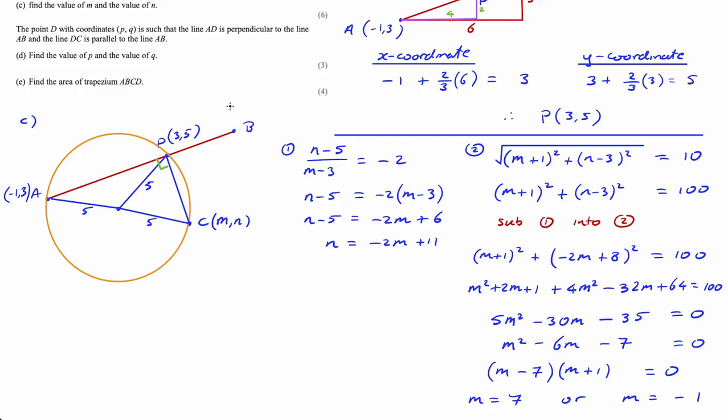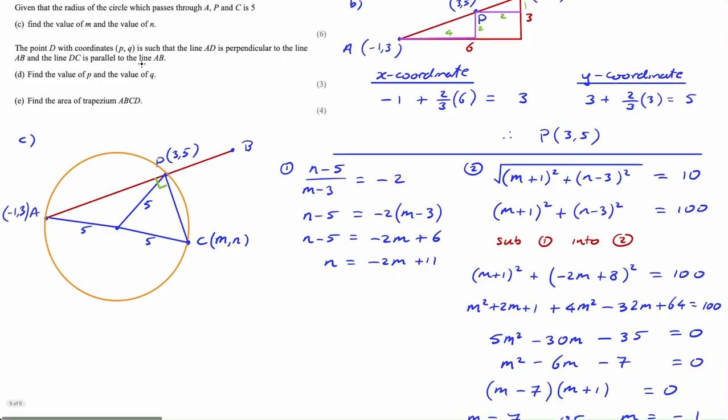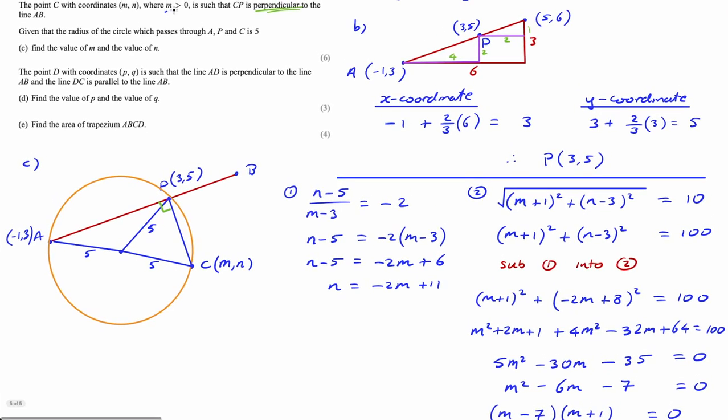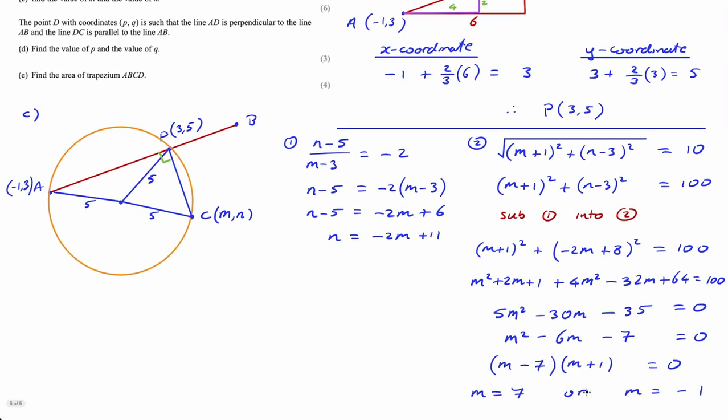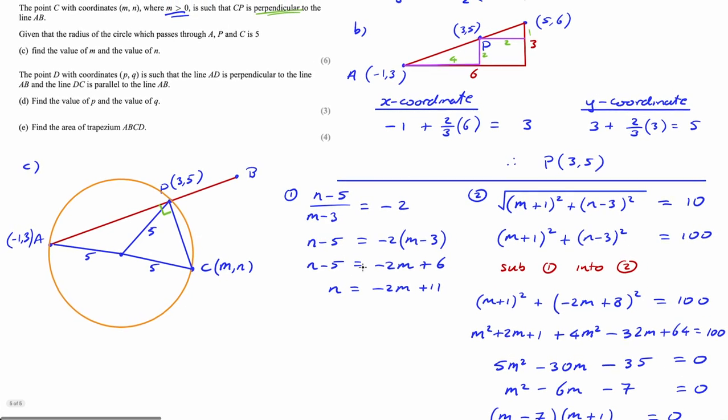Now he does say, guys, here, I believe, m is greater than 0. So always when you get an answer, go back to the question. I read that and I remembered it, but always go back and check, that means m has to be 7. So I'm going to move up to here and say, okay, m is greater than 0, therefore m equals 7.